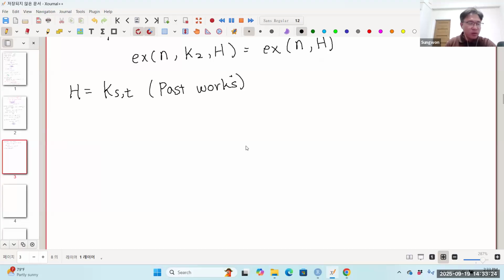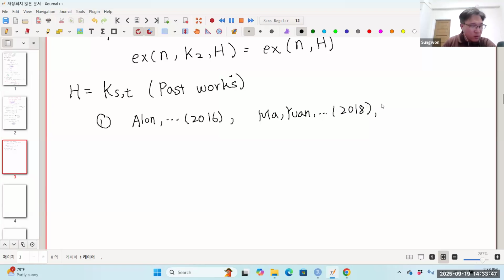So the first one was Alon and Shikhelman in 2016. It's all like a combination of works. Ma and Yuan in 2018, and Bayer and others in 2019.